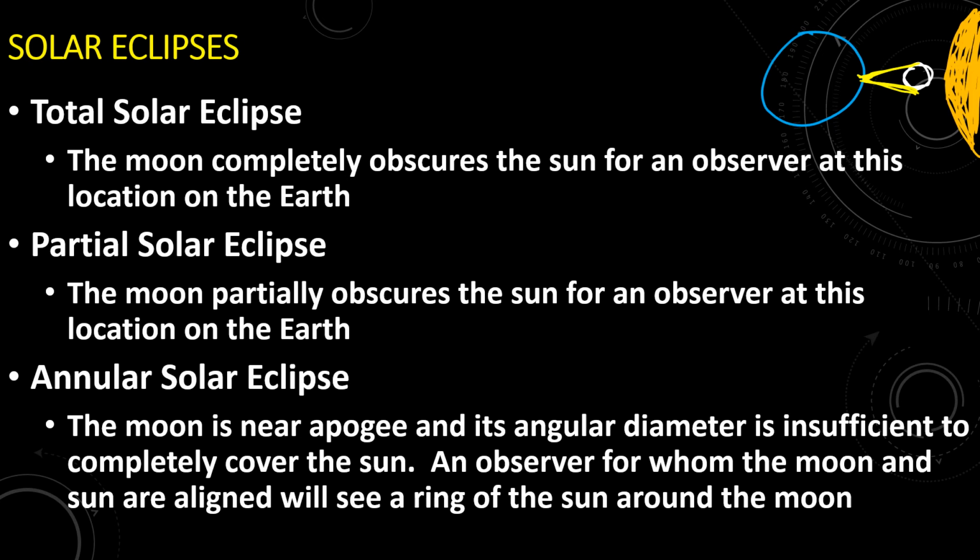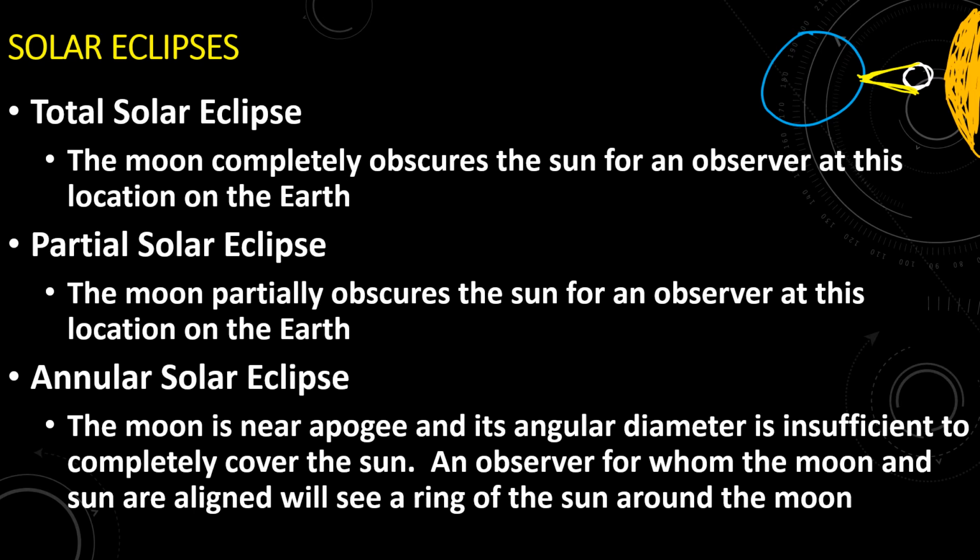Then you have an annular solar eclipse. The moon is near apogee and its angular diameter is insufficient to completely cover the sun. So it's actually further away, and so it's not quite big enough to cover the sun. An observer for whom the moon and sun are aligned would see a ring of the sun around the moon.